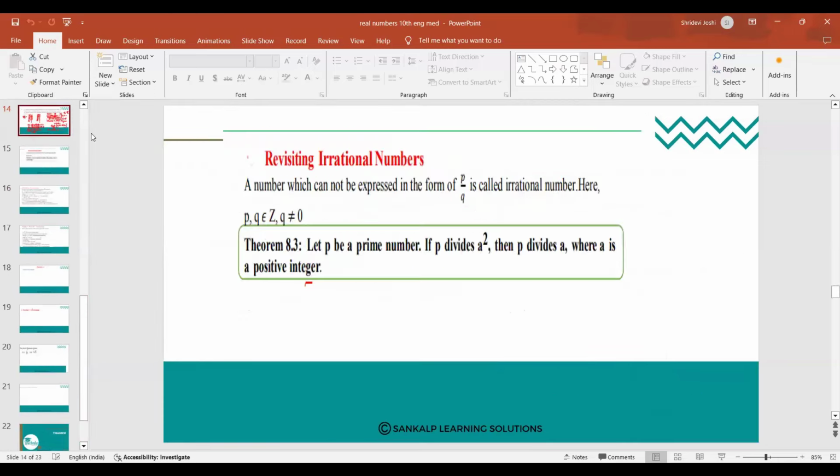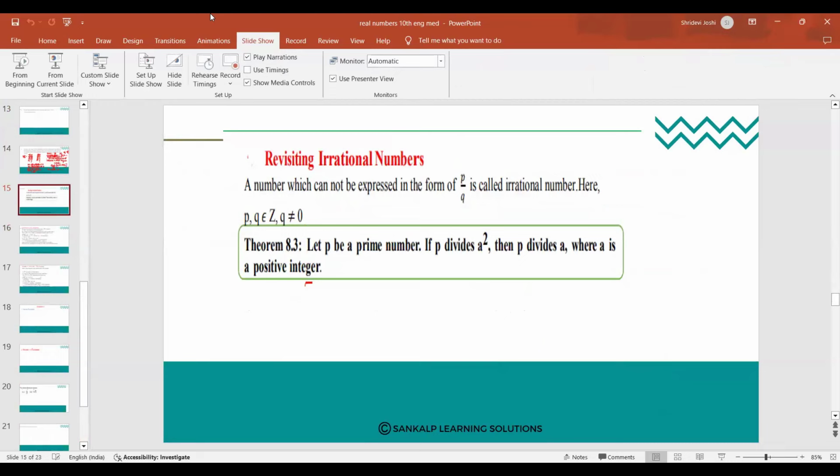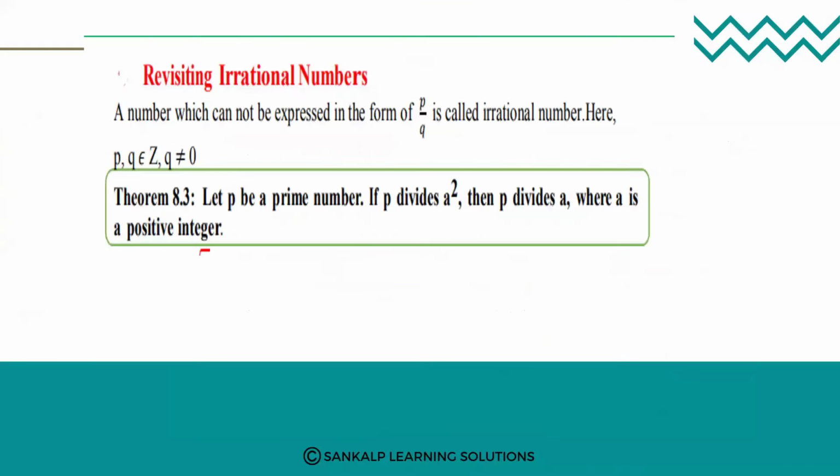Revisiting irrational numbers. Now tell me, what are irrational numbers? A number which cannot be expressed in the form p by q, we call it an irrational number.